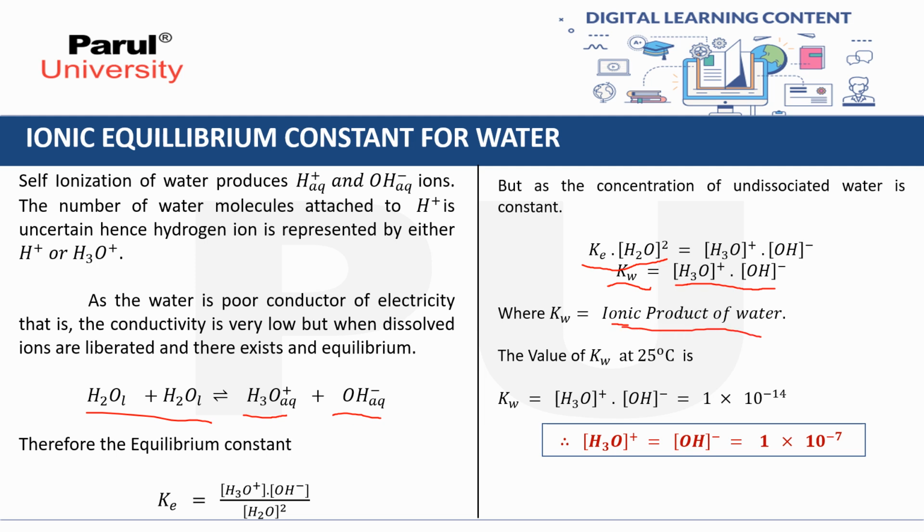The value of Kw at 25 degrees centigrade is equal to 1 into 10 to the power minus 14 moles per liter squared. Therefore, the concentration of H3O plus is equal to the concentration of OH minus, which equals the square root of 10 to the power minus 14, that is 10 to the power minus 7.